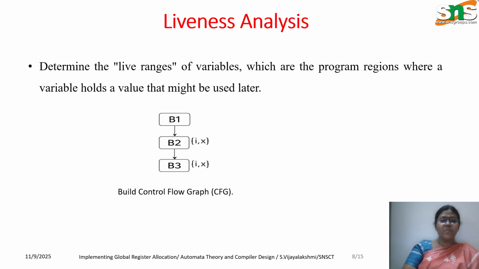The first step is liveness analysis. Liveness determines the live ranges of variables, the regions of the program where a variable holds a value that might be used later. For example, suppose the compiler sees a = b + c, and then d = a * e, then print d.